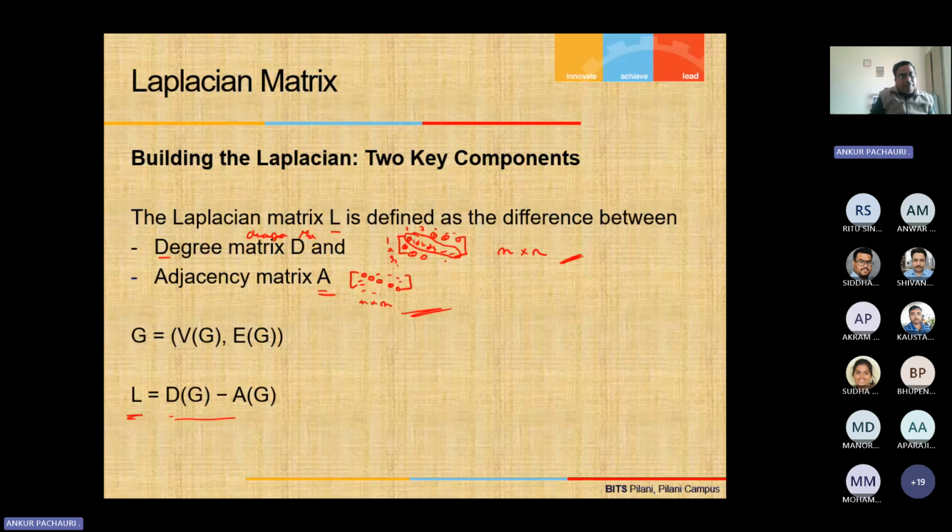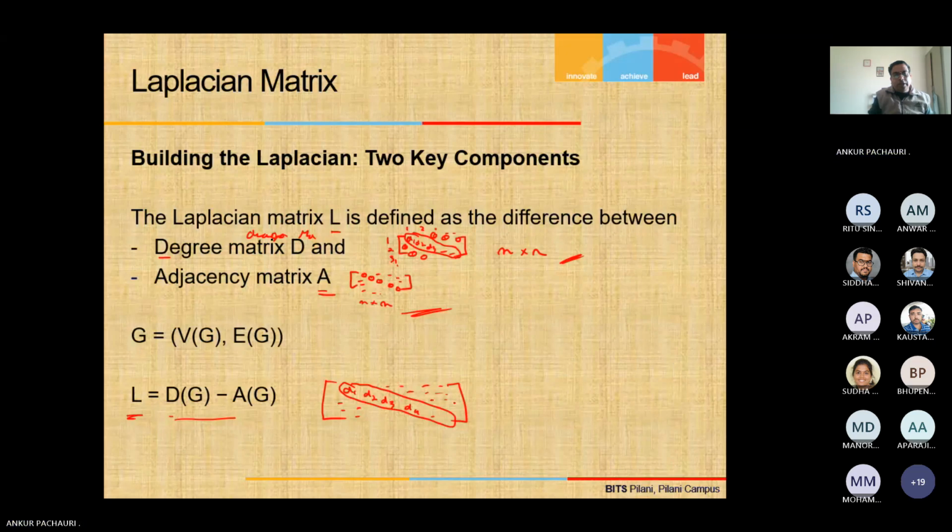When I subtract the two matrices, the result contains both pieces of information. It contains the degree of each node, and the negative of the adjacency matrix. Whatever value was there in the adjacency matrix, the negative of all those values will be there.